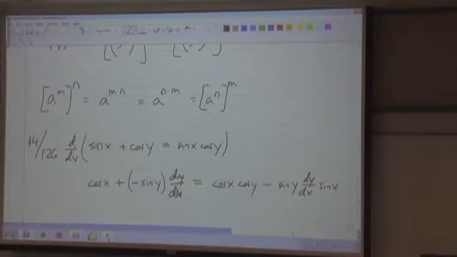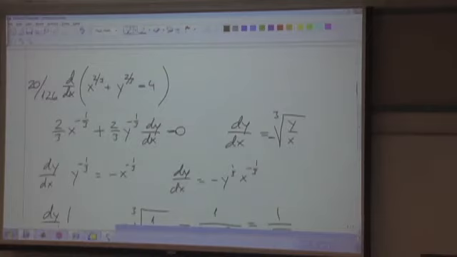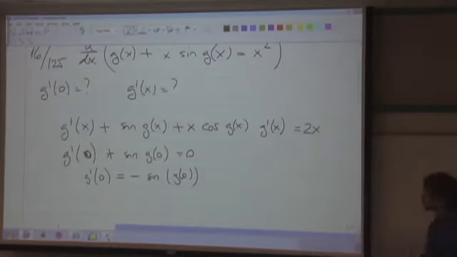Yes? So when you take the derivative of a function like cosine y, doesn't the y go away? Again, y is implicitly a function of x. So you have to take the derivative of y as well. Come back here.